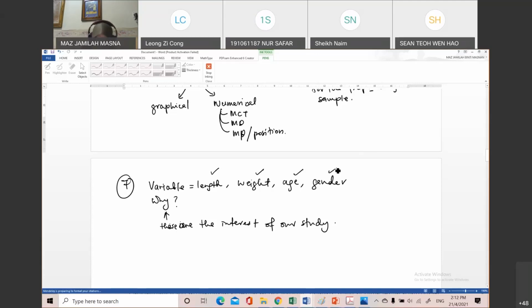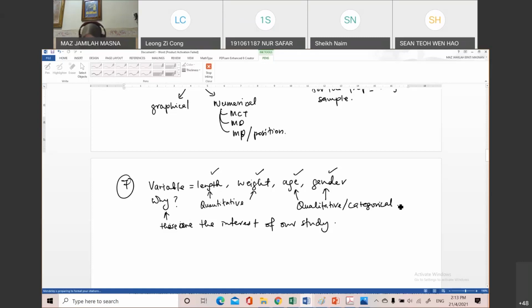And if you are looking at your variables here, this is what we call quantitative. So this is also quantitative. What about this one? This is what we call qualitative, or categorical.